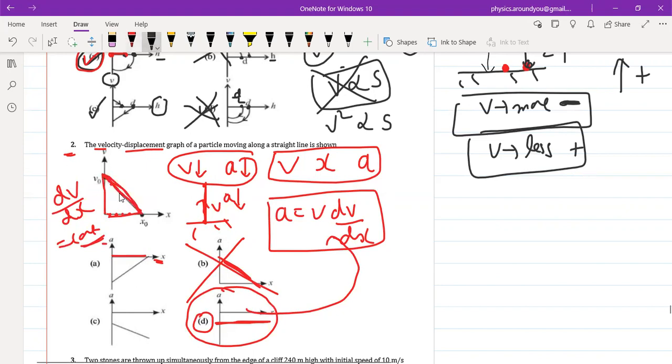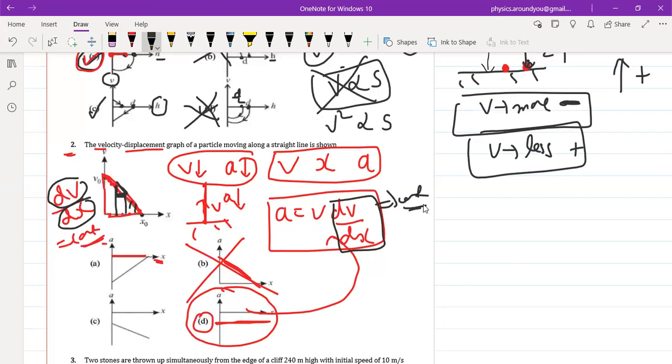You should remember this thing, all right? You focus on this small triangle over there. You take tan theta anywhere on this line, the change in velocity to the change in x is always a constant. So dv by dx from this graph is a constant.